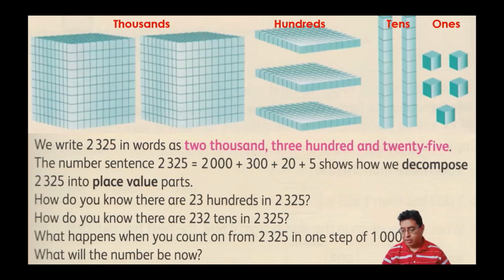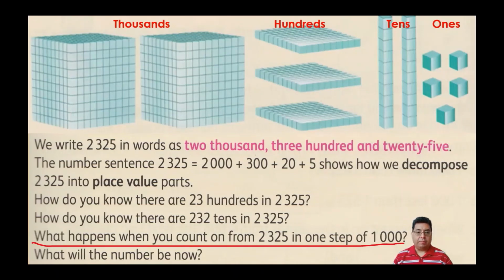So we have 200 tens in the thousands place. We have 30 tens in the hundreds place, and we have 2 tens in the tens place. This gives us 232 tens.